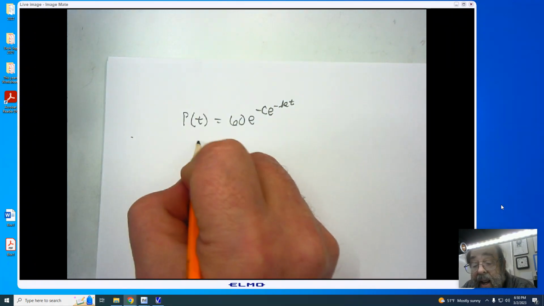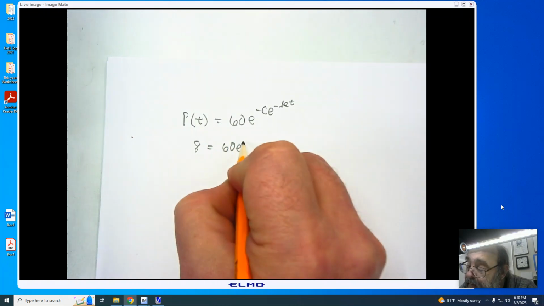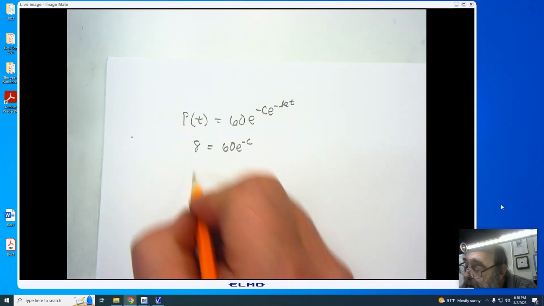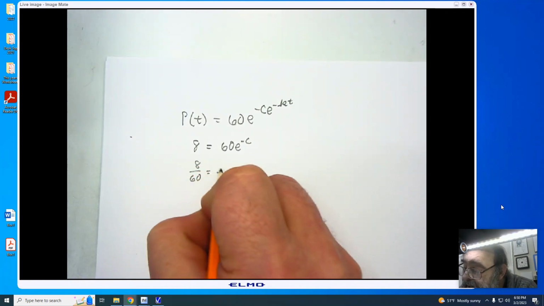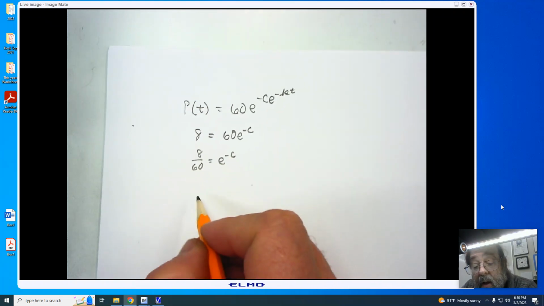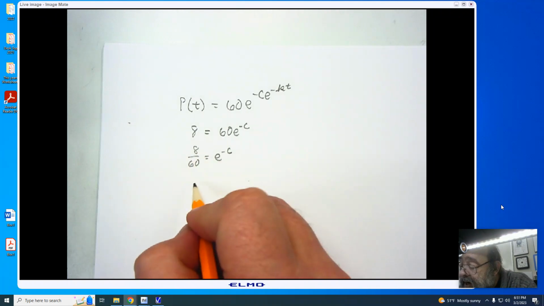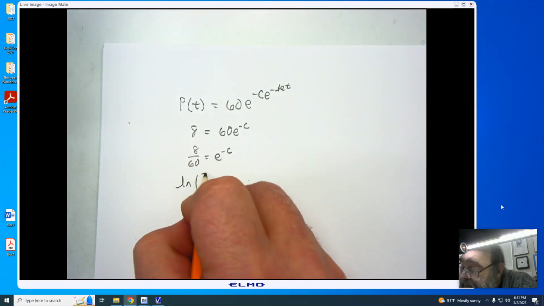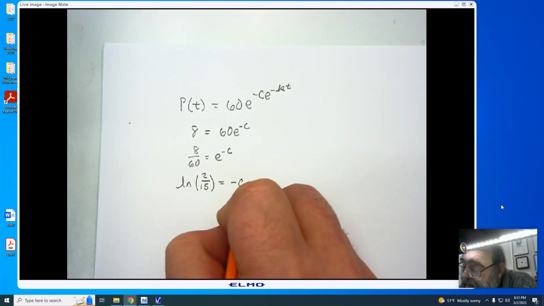I'm going to put in 8 is equal to 60e to the minus c e to the 0 power, which is 1, and this is going to give me 8/60ths is e to the negative c. Taking my natural log, I have the natural log of 2/15 is equal to negative c.